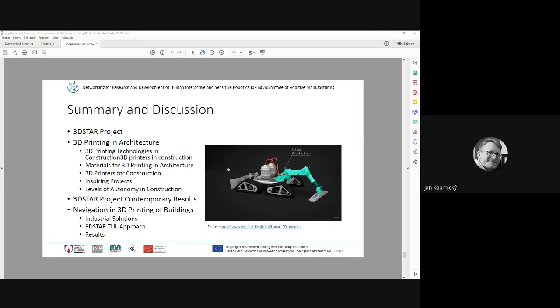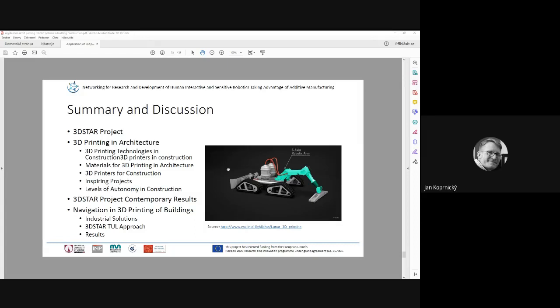What you can see on the right side, as I mentioned at the end of my part, is that level of automation in construction number 5 doesn't exist yet, but there are already some projects. For example, here is one project from ESA, the European Space Agency. NASA and other space agencies have the same or similar.